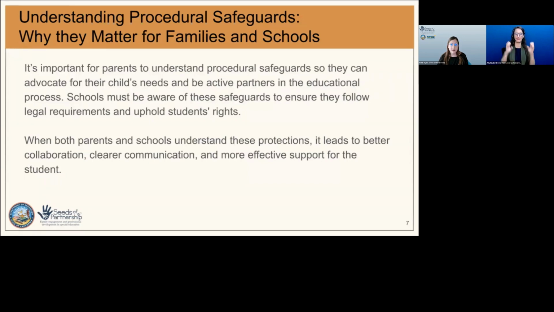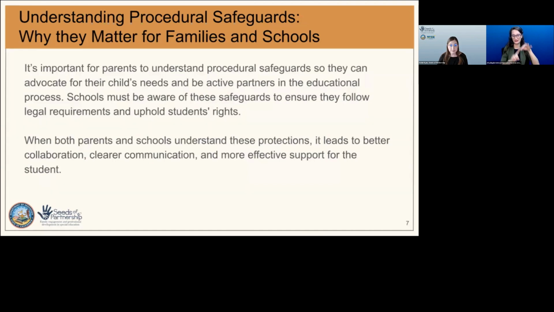Just the same, schools must also be aware of these safeguards to ensure they follow legal requirements and uphold student rights. When both parents and schools understand these protections, it leads to more effective support for the student. So these are more than just legal requirements. They're one part of the foundation of collaboration between families and schools related to special education supports and services.